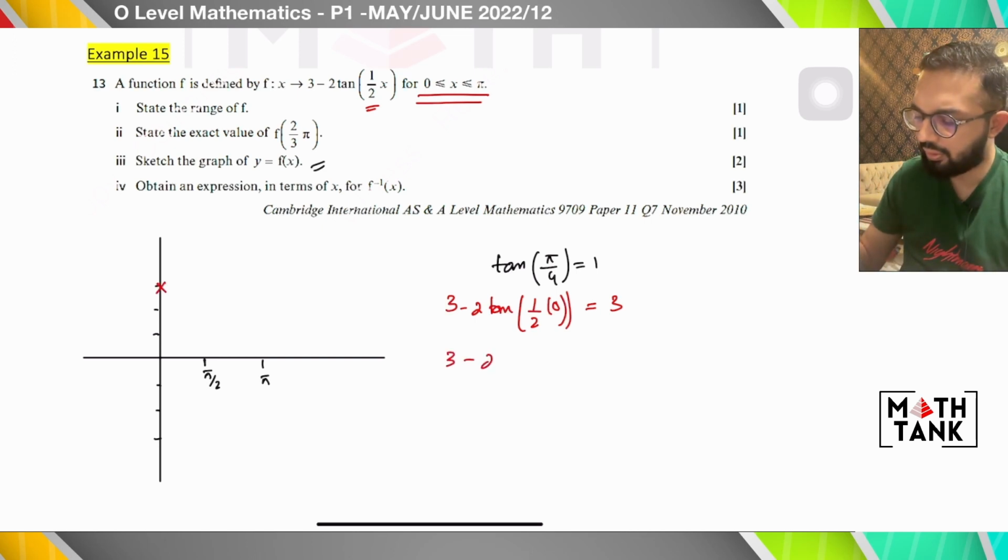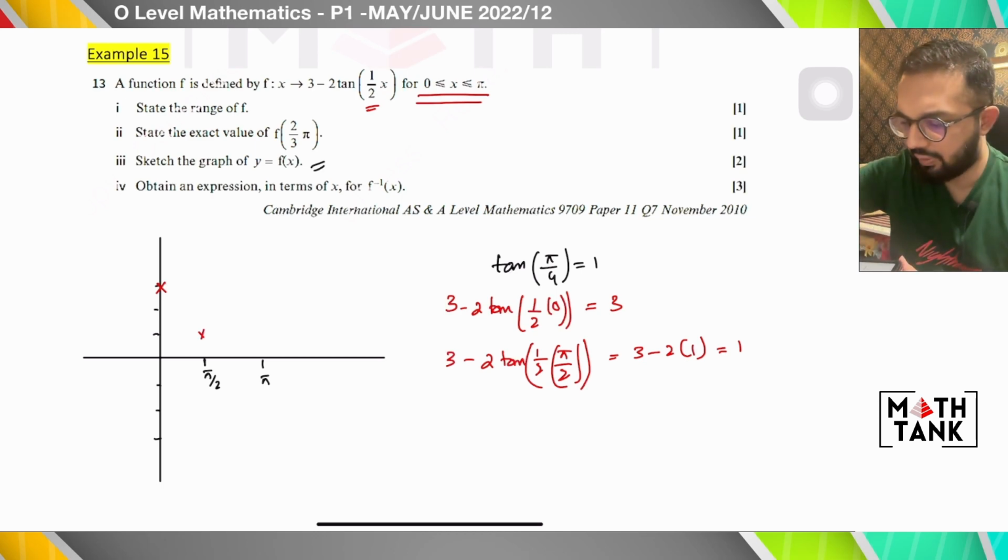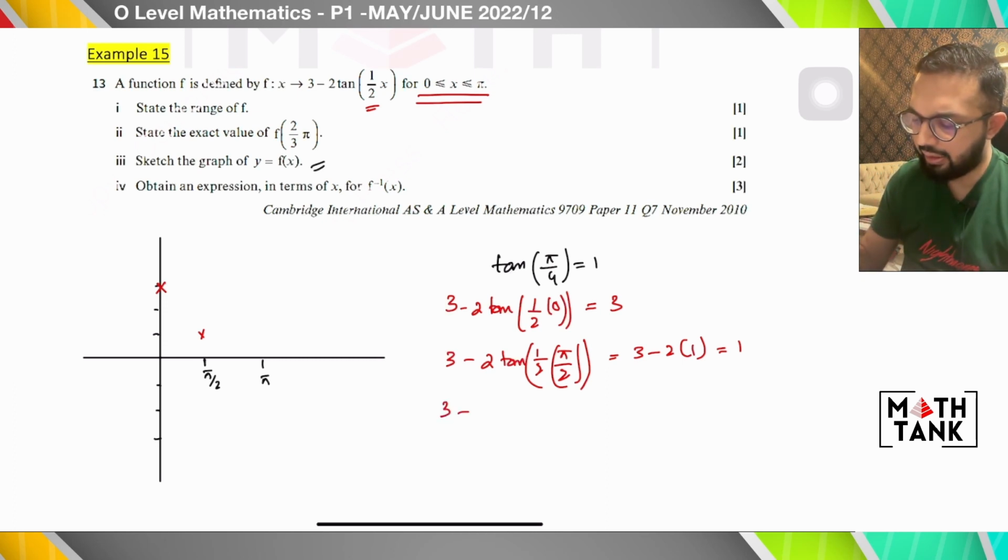Then I'm going to use pi over 2, so half pi over 2, and see where my graph goes. It goes to 1. So I know that the graph is at 1 right now. Let me check if this is at 1 actually. Yeah, it should be at 1. Then at pi, if I plug in pi, this goes to infinity.